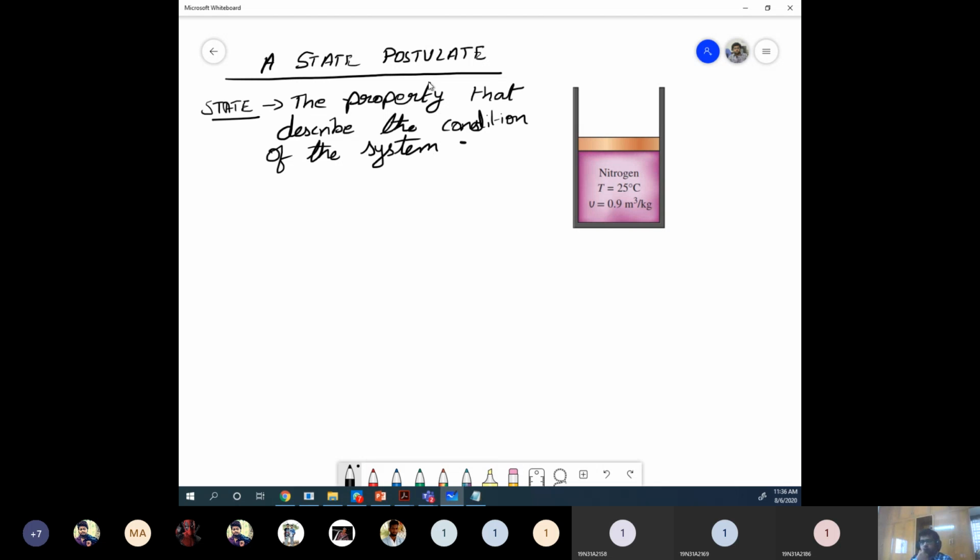A state postulate is something in order to describe this system state. In order to describe the state of the system, what is the number of properties that are required? So putting it in words, a state postulate is the number of properties required to fix the state of a system.